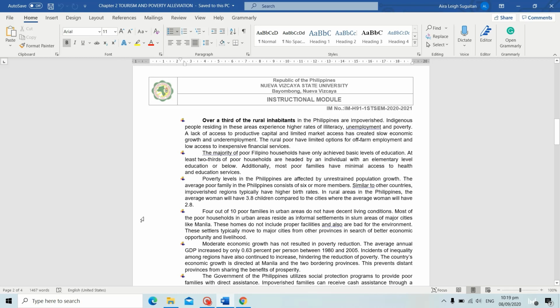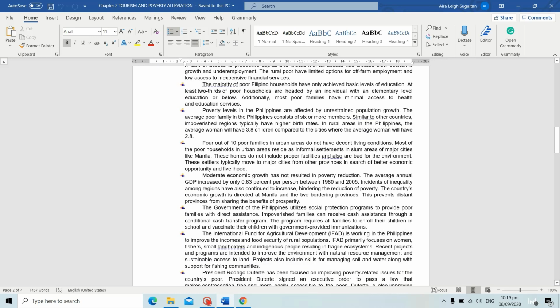So babalik ulit tayo dito sa over a third kasi sinasabi dito sa statement na to na wala naman kasing ibang choices. Very limited ang choices ng mga tao from rural areas. Aside from on-farm and fishing, very konti lang talaga yung mga employment opportunities. Kaya sila pumupunta ngayon sa mga urban areas, na doon sa urban areas, nagiging crowded na sila masyado.